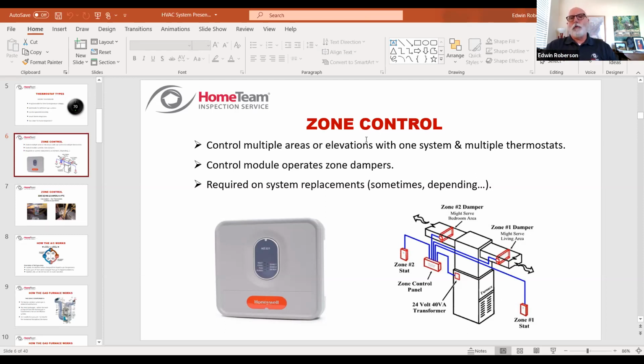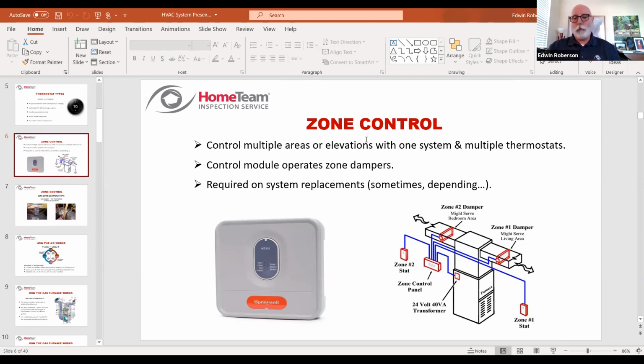So if you do end up in a deal with a house where you've only got one system, one thermostat, just be aware when the time comes to replace that, in addition to the $5,000 or $6,000 HVAC system equipment replacement, the zone system's probably going to be another $2,500, $3,000.